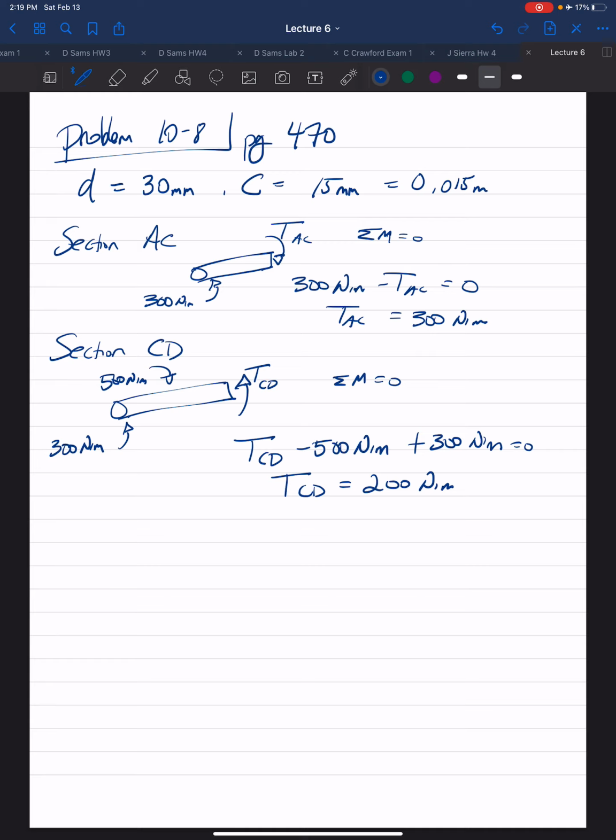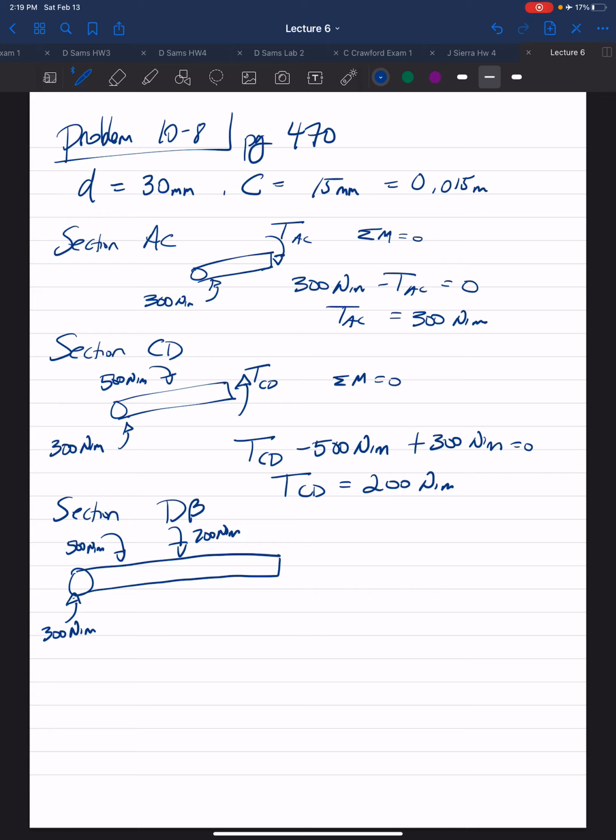Our last section would be section DB. So you have your 300 Newton meter, your 500 Newton meter applied torque, and your 200 Newton meter applied torque.